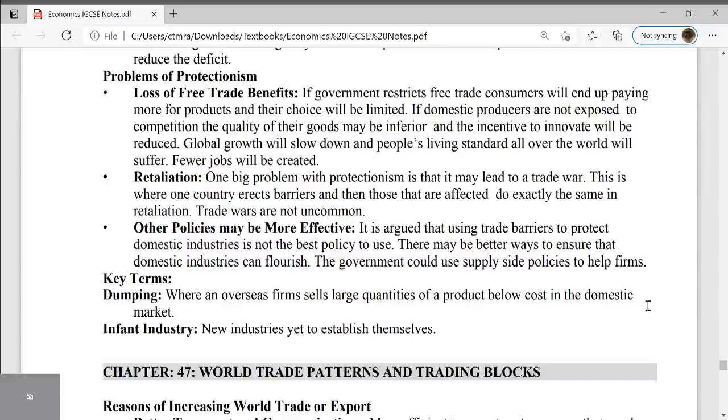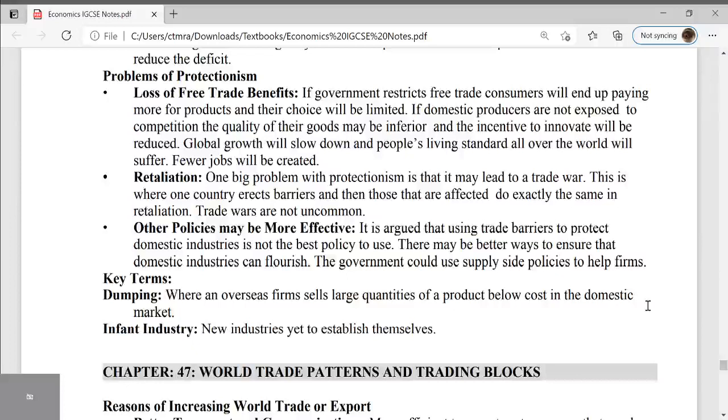So if domestic producers are not exposed to competition, the quality of their goods may be inferior. Okay. And the incentive to innovate will be reduced. So global growth will slow down, and people's standard of living all over the world will suffer, and fewer jobs will be created.